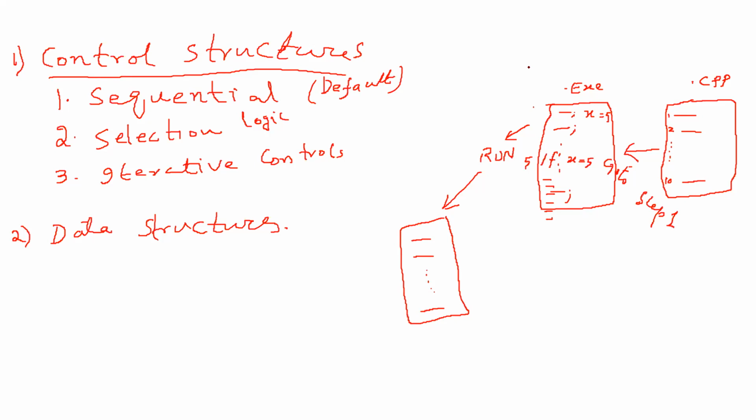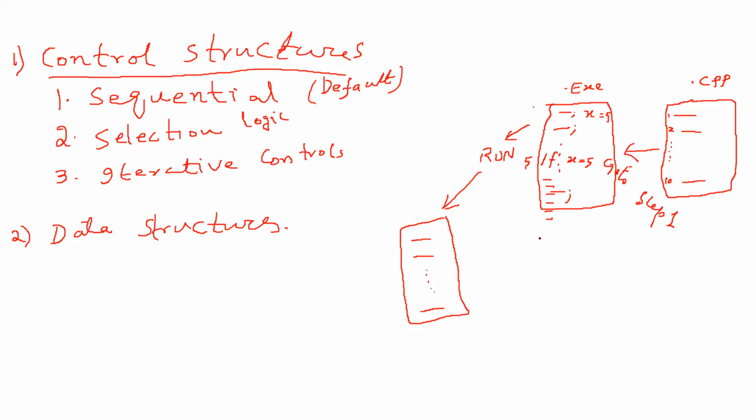In selection logic, we can split or break the sequential logic at any moment by passing an if, and we may execute any step after the break of the sequential logic. But after completing it, the control will be passed to the next instruction, and the next, and so on.